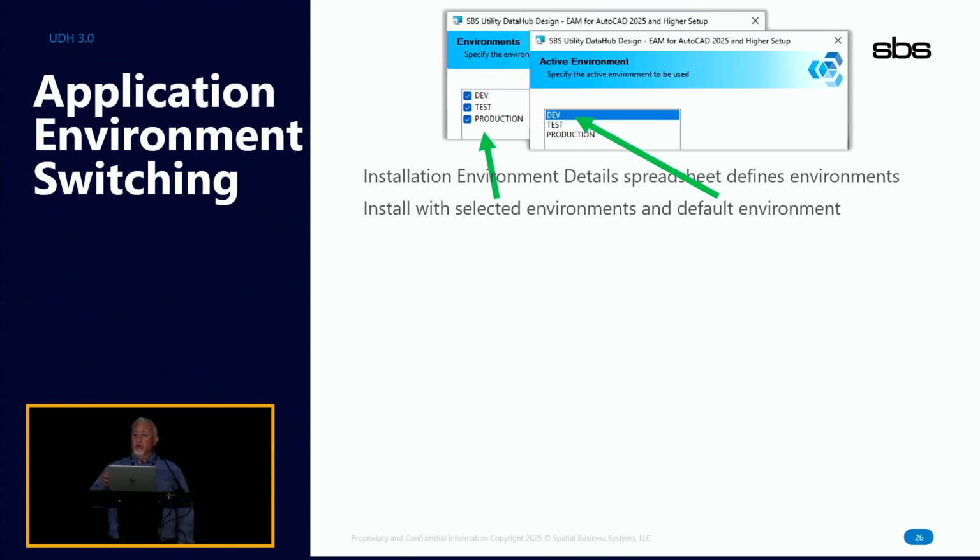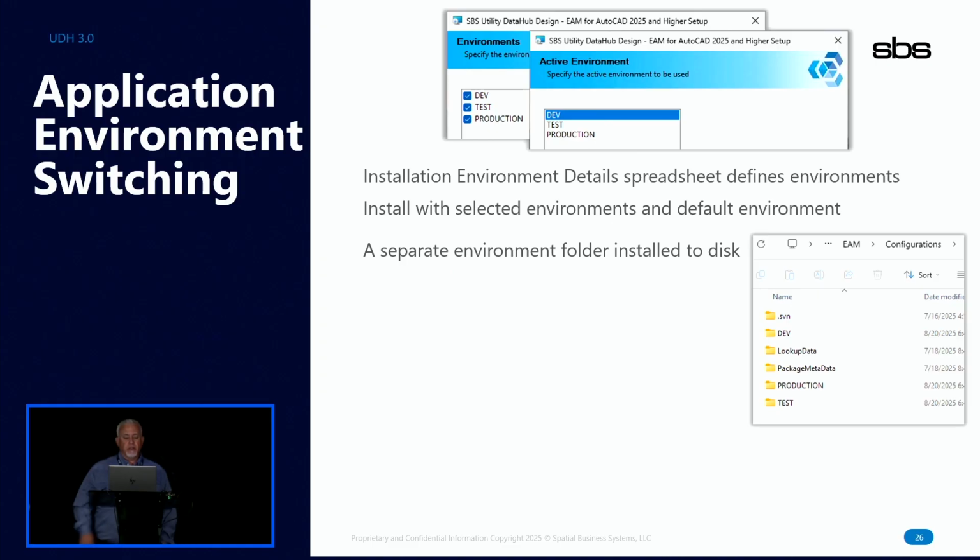Maybe when you're ready for production, you don't want any other alternative environments on the end user's machines, and you're only going to install for prod. But while you're in test and development, you want dev and QA and whatever other environments you may have defined. So during installation, you can select those. And then a separate environment folder gets added to disk for each environment that you've selected.